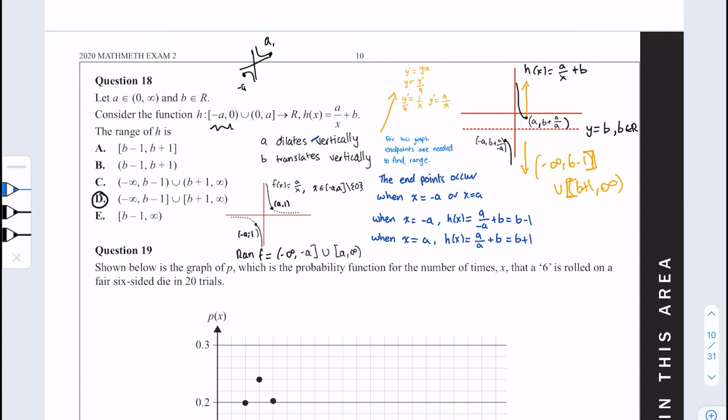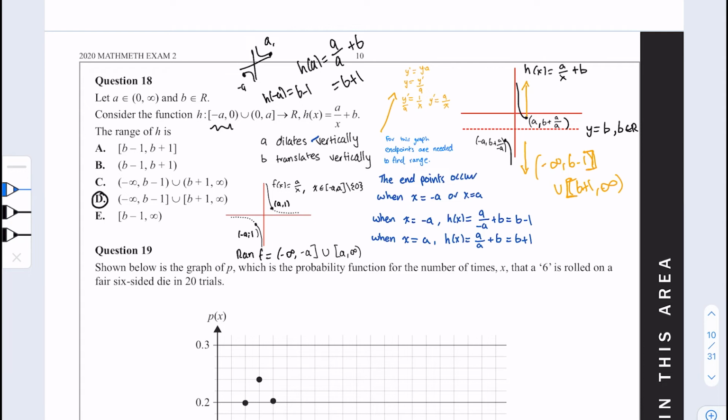Because the x values of these endpoints will be important to find what the y values of the endpoints are. So we know where the x values of the endpoints are. Now we sub it into h of x. So we sub in h of a, which is equal to a on a plus b, which equals b plus 1. And then h of negative a, which equals b minus 1.